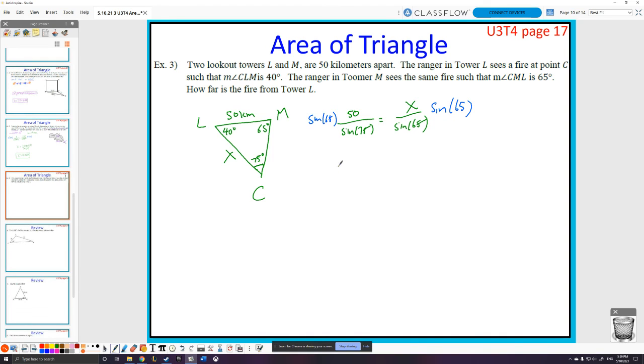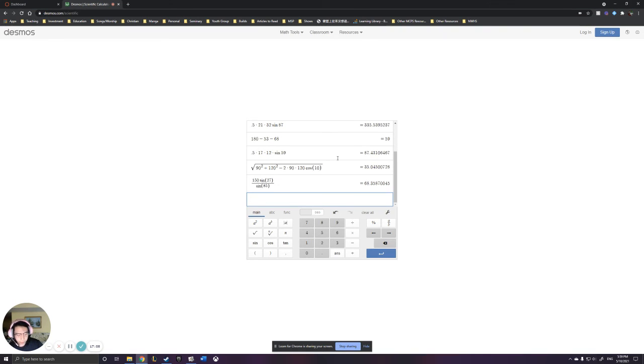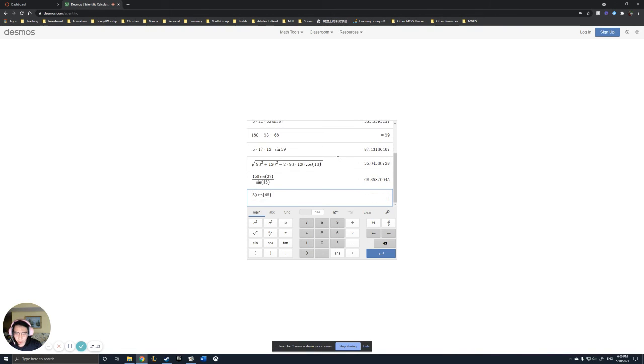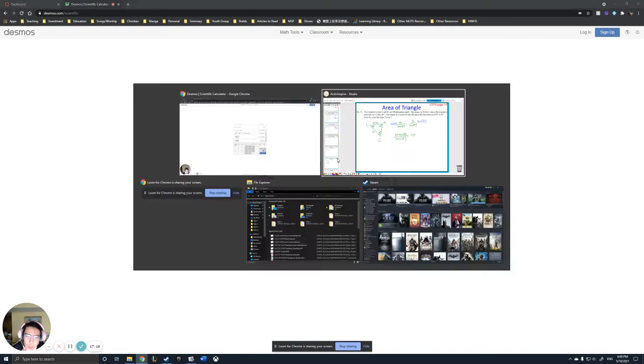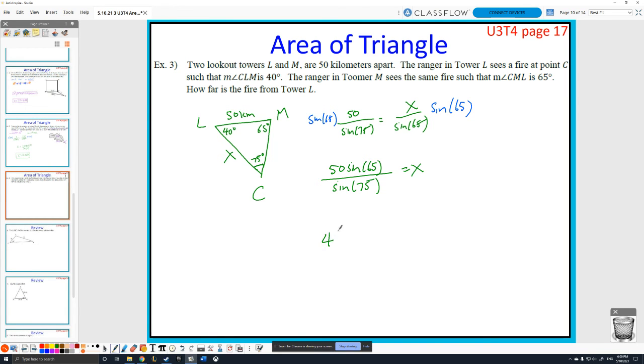I'm going to put into the calculator 50 sine of 65, and this whole thing is divided by sine of 75 degrees. I'm going to get 46.91 kilometers is equal to x.